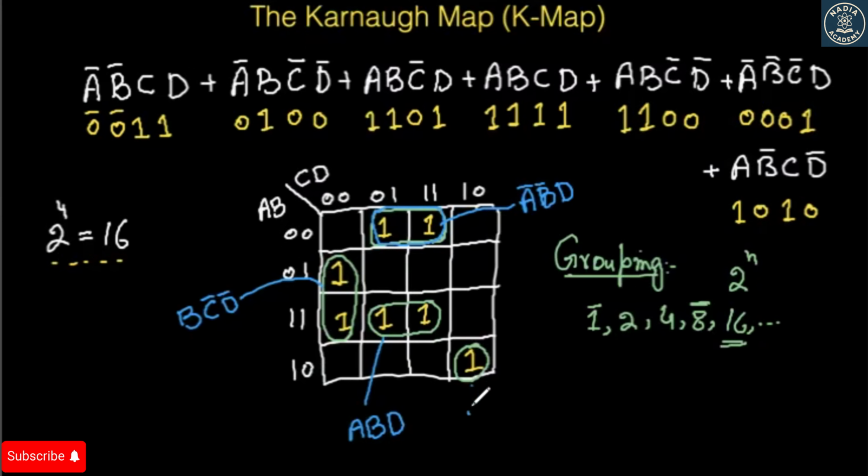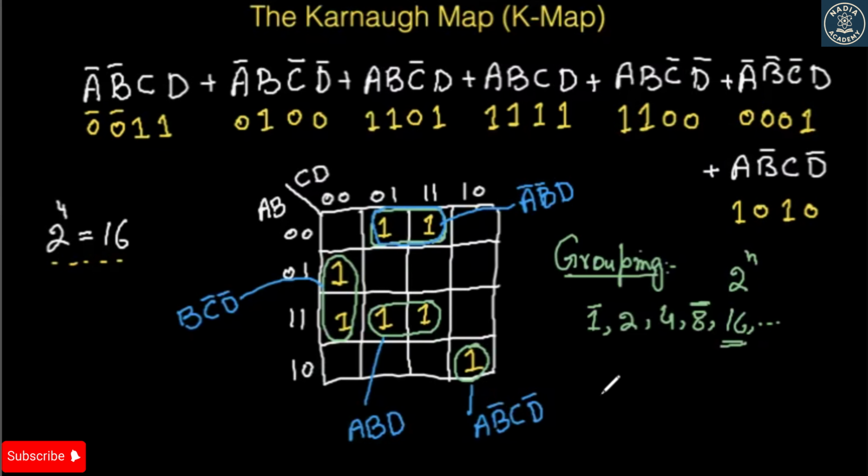So A is 1, then B 0, C is 1, D is 0, so D bar.